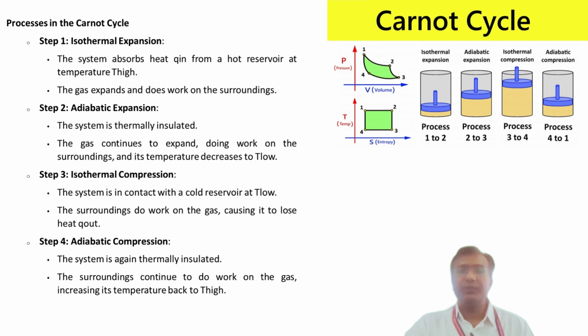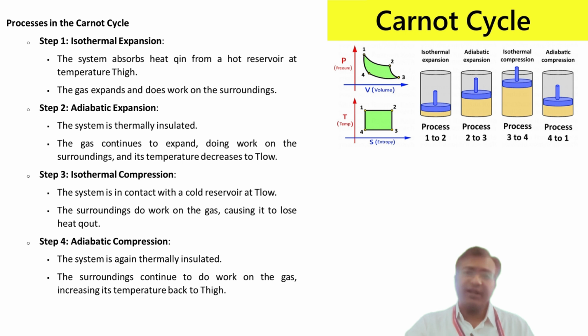In this process, the system is in contact with a hot reservoir at a high temperature, and this temperature is denoted as T high. The gas inside the system expands, and during this expansion, it absorbs heat from the hot reservoir, and this is denoted by Q input, that is Q in.